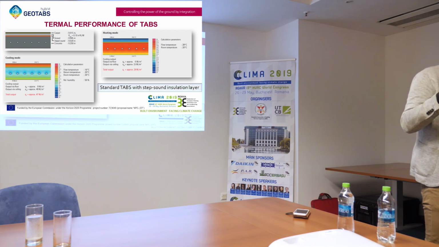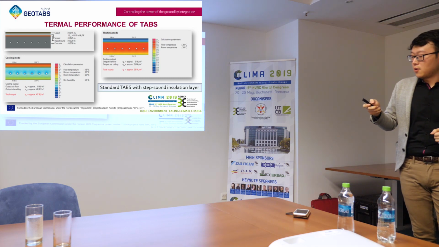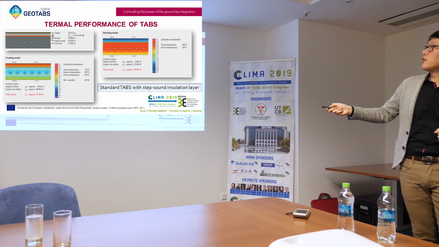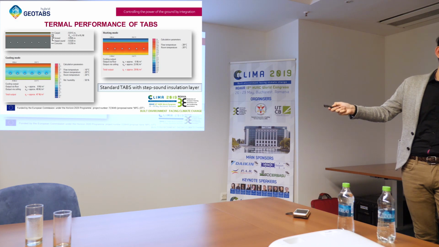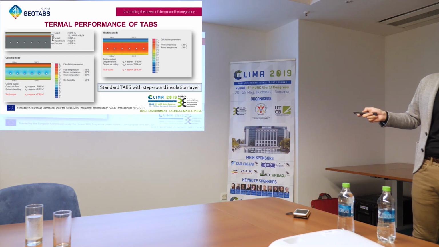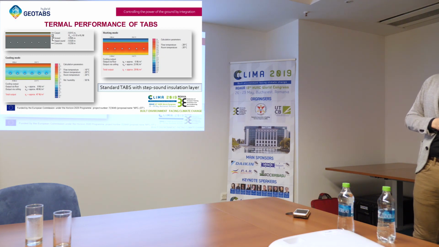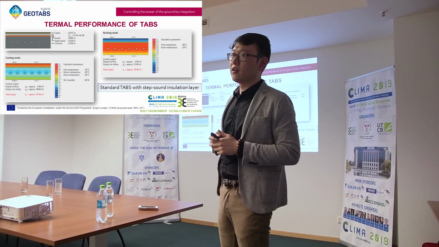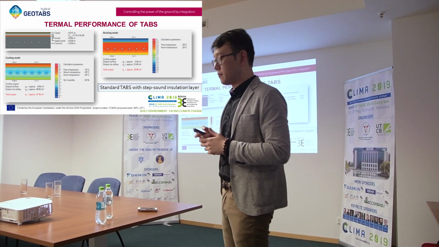So sometimes people put, you can see here, insulation for the sound, very thin layers. And of course, this will reduce a little bit the cooling and heating capacity. This comes to around 47 watts per square meter for the cooling and 29 watts per square meter for the heating.